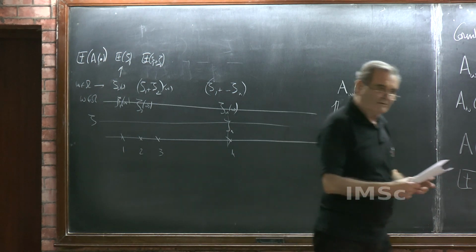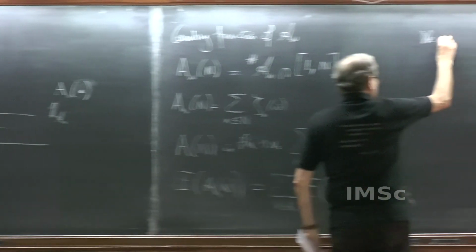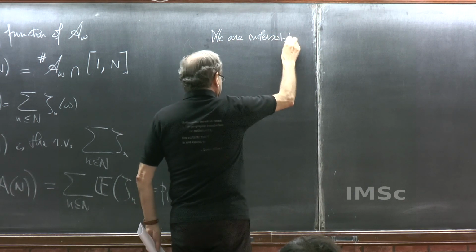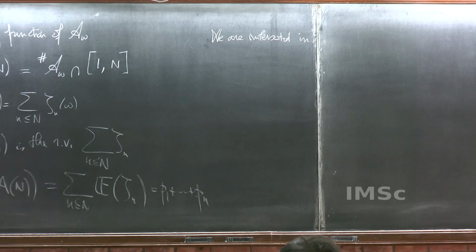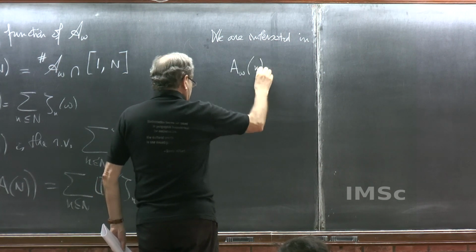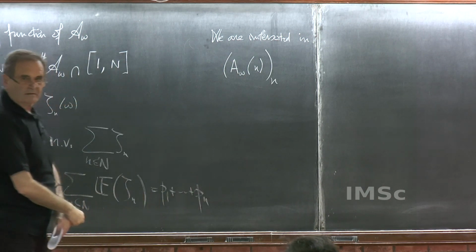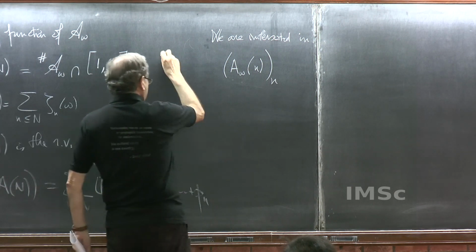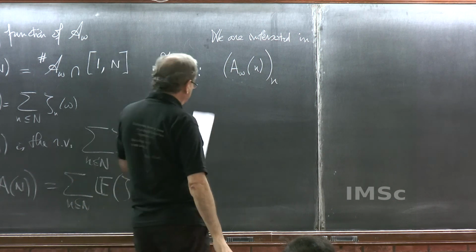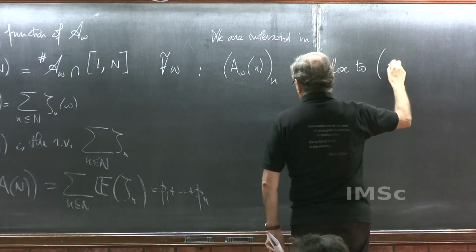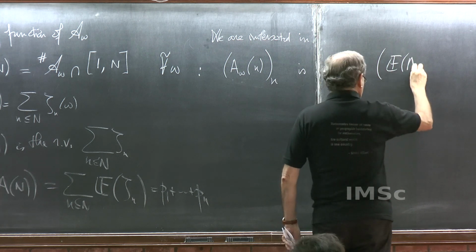But what we are interested in is the following: what can you say when you look at this sequence, A omega of n, and you would like this sequence, for almost all omega, to be close to the expectation of A of n.